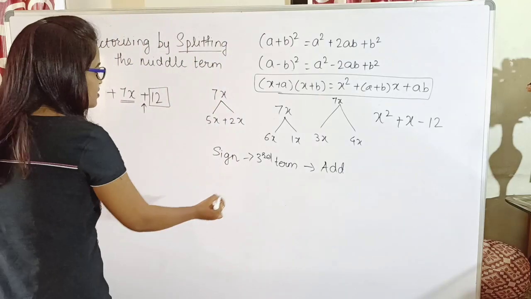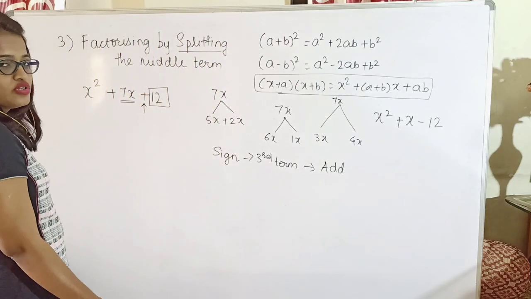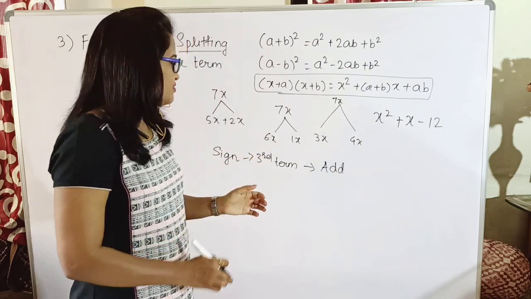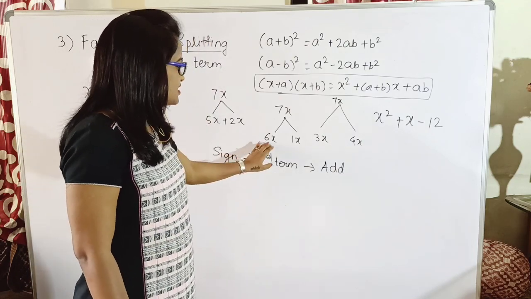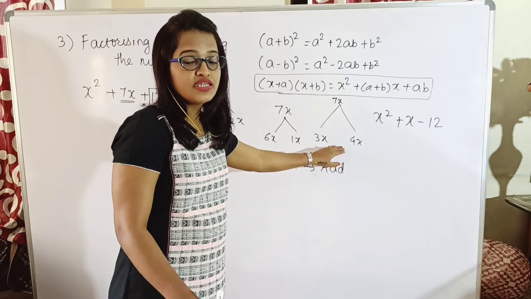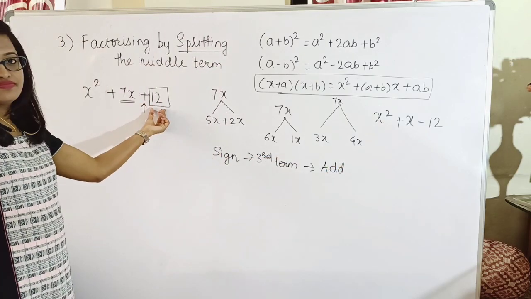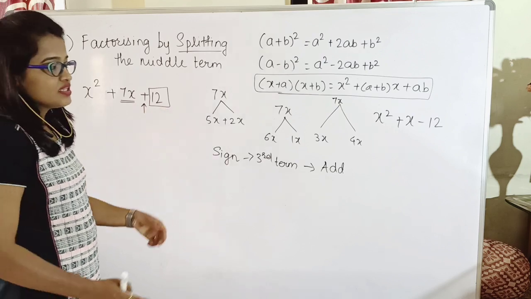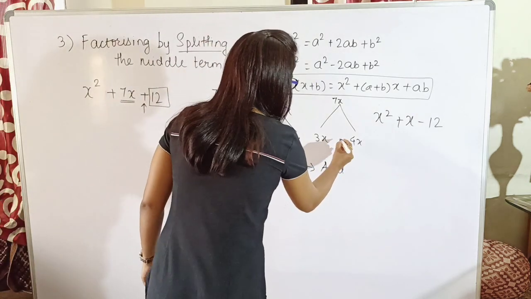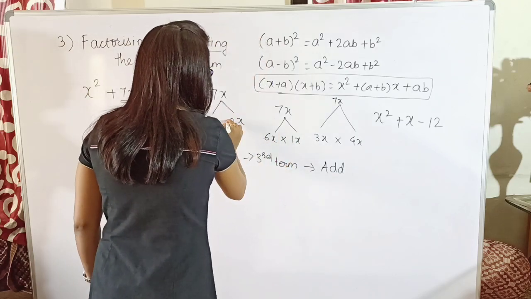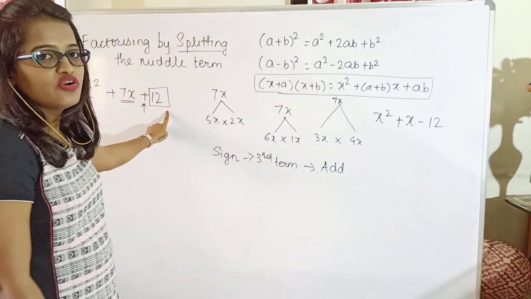So the sign of the third term tells me whether the two numbers have to be added. Now again, which two numbers then? 5x plus 2x, 6x plus 1x, or 3x plus 4x? It is decided by the value of the third term. Yes, the multiplication of the two numbers should be equal to the value of the third term.